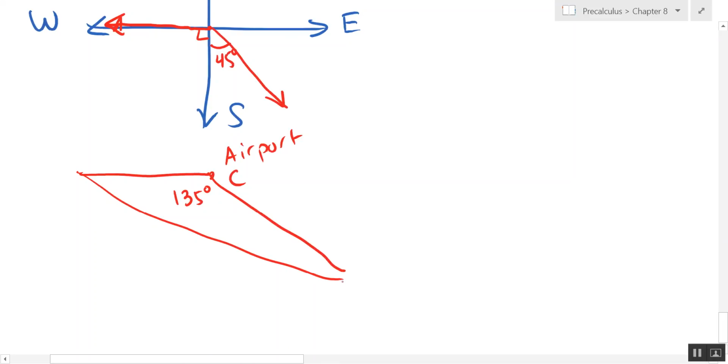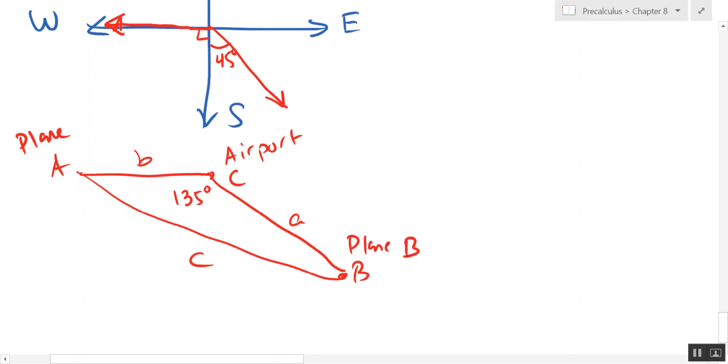And again, I'm drawing that as an obtuse triangle. We'll label this A, this B over here, and side C. So we've translated this. This is obviously plane A, and we'll call this plane B.